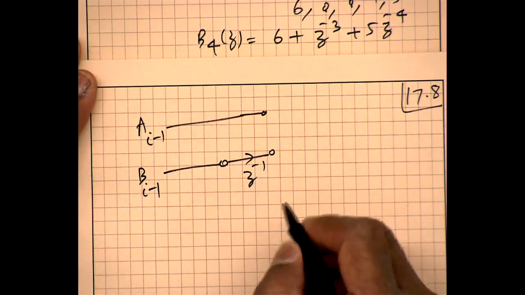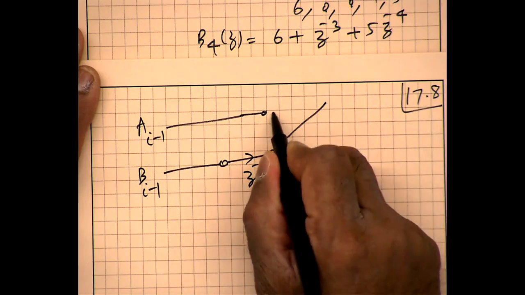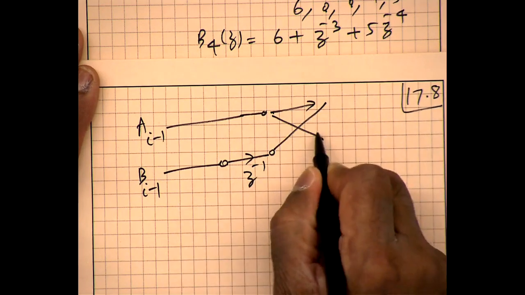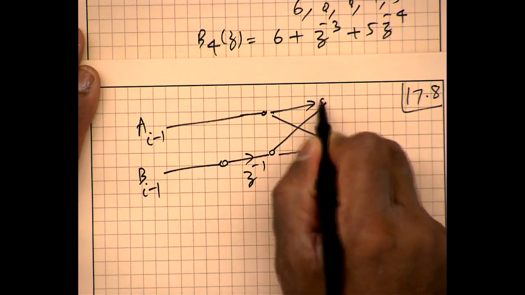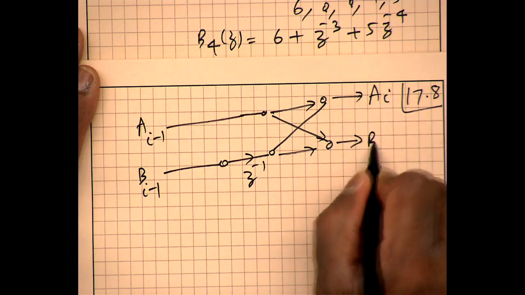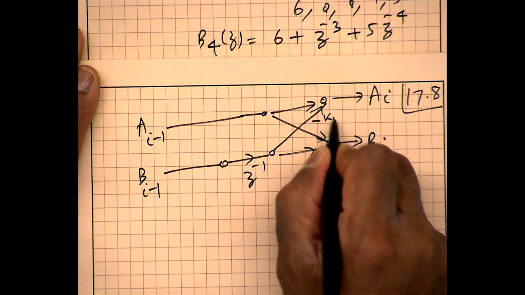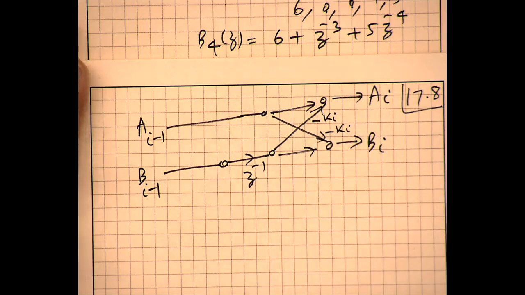I'm just drawing one stage called stage i. And then we compute Ai and Bi, where these coefficients are minus Ki and minus Ki. So that's really the basic lattice stage.